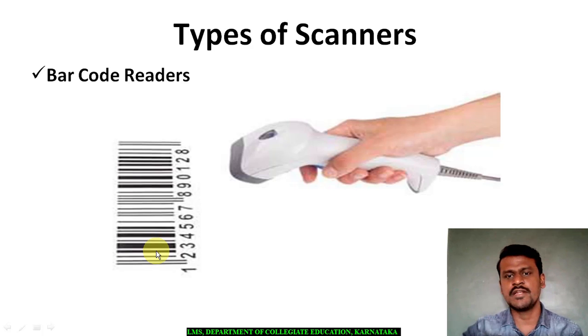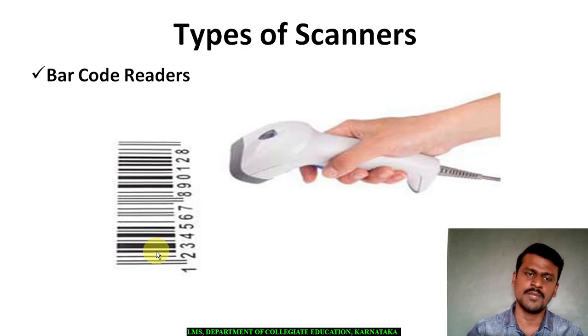This barcode reader will transfer the information to the computer, so that we will know what product that barcode belongs to. That is, from that barcode we can see which product it is. So this is how the barcode readers will work. And one more example of this barcode is that you can also use it in libraries of colleges.